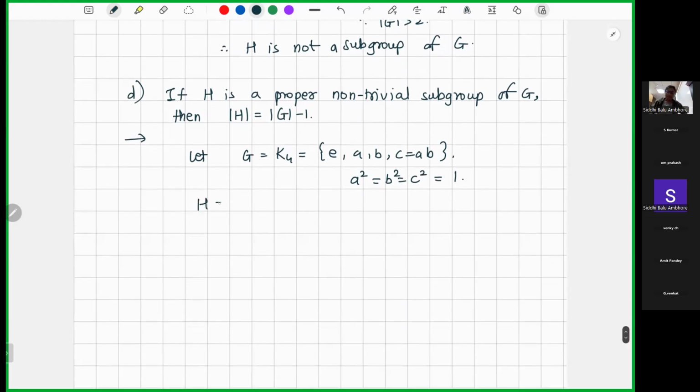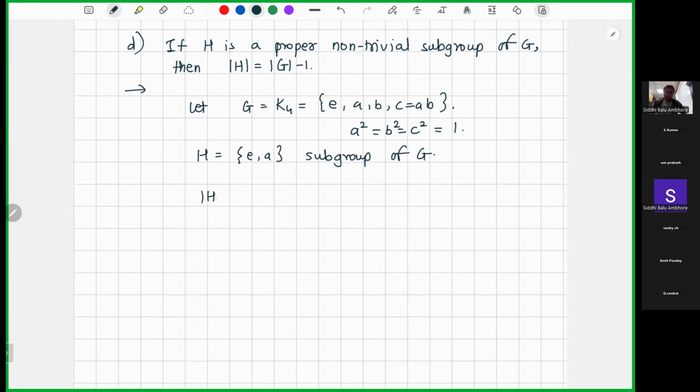So if I take H to be this, this is a group. This is a subgroup of G, right? A square is E. Multiplication, division, inverse, identity, everything is there. Okay, so this is a subgroup.